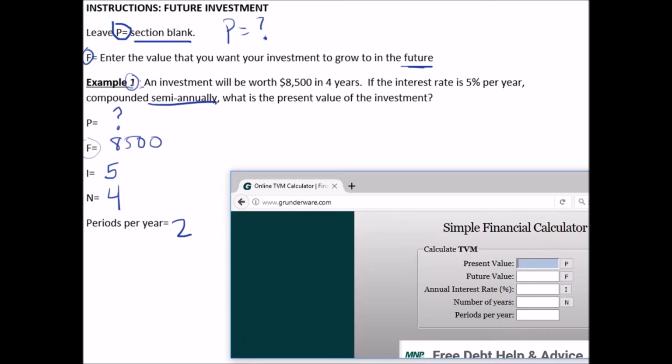So in the TVM solver, leave the present value empty, future amount 8,500, 5% interest, 4 years, and twice a year. Okay, now if you click in the box, nothing's going to happen. You have to click on the P. So the present amount, how much you have to invest, is $6976.35.